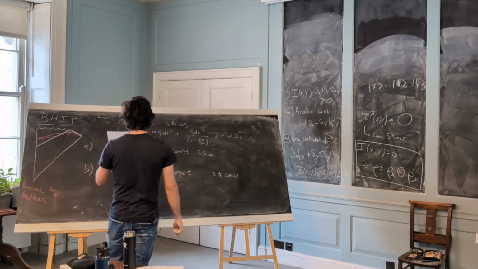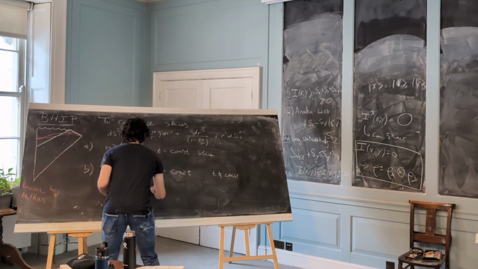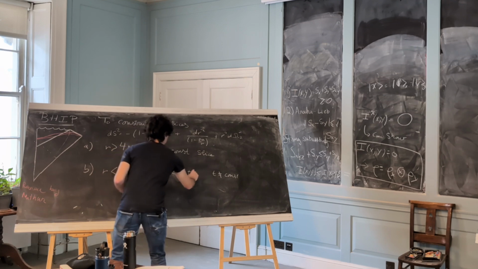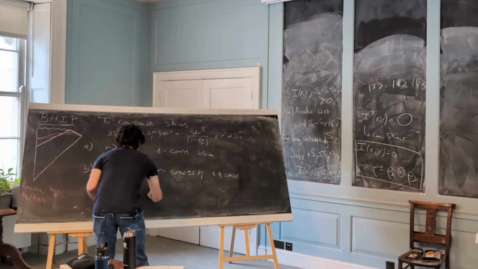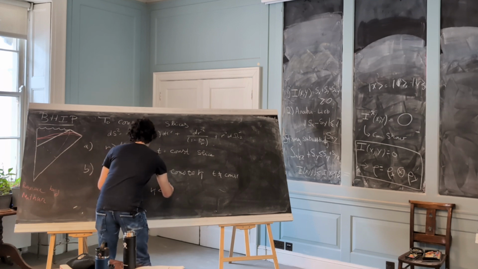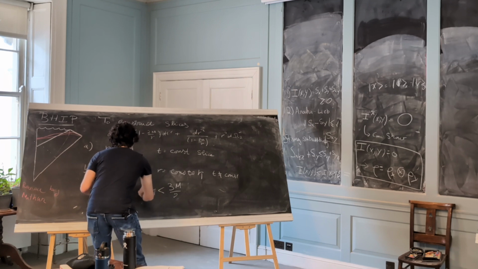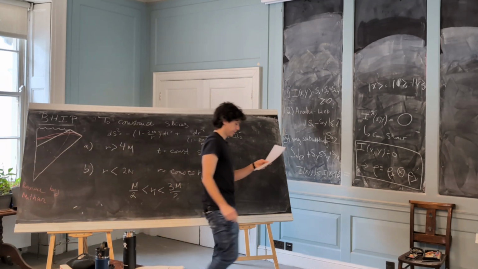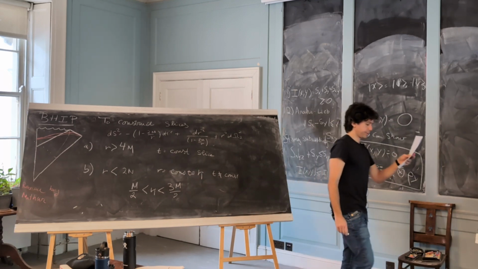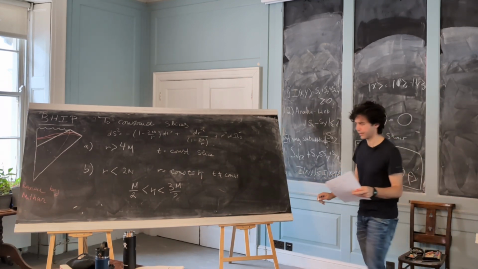In particular, we're going to choose this constant. I'm going to define R1. We're going to take R1 to be less than 3m over 2 and greater than m over 2, so that we're always away from the singularity.